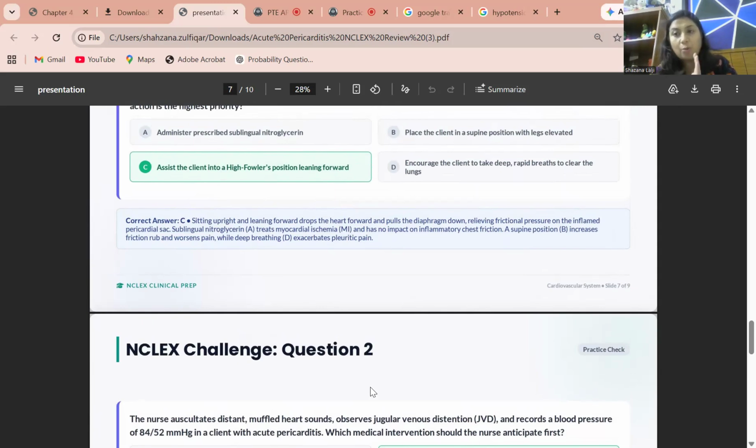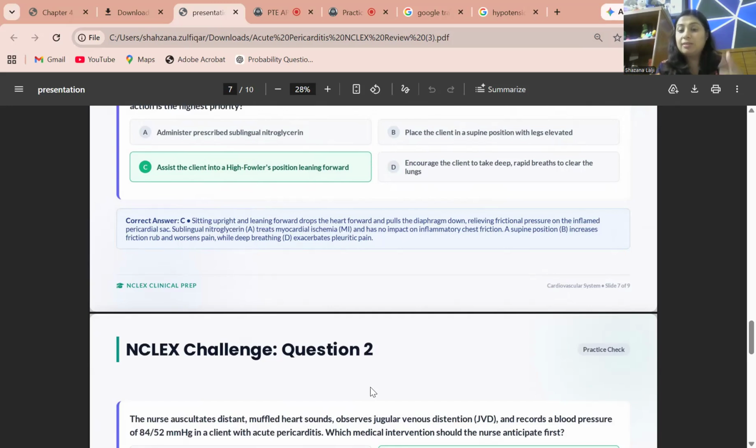So here is the complication. Now the patient has developed the complication of acute pericarditis, that is cardiac tamponade. The main three signs of cardiac tamponade are jugular vein distension, muffled heart sounds that the nurse can auscultate through the stethoscope, and a sudden drop in blood pressure, severe hypotension.